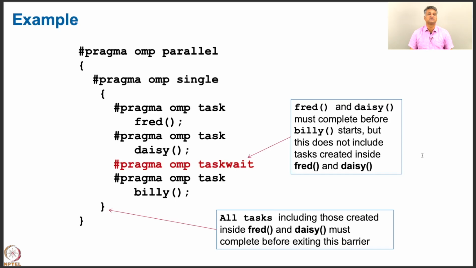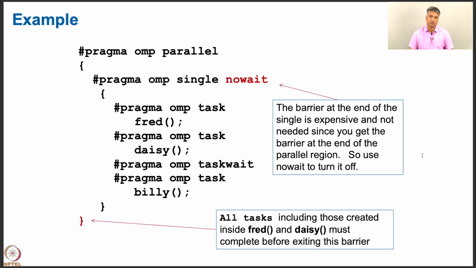If there are tasks created inside the functions Fred and Daisy, those are not included, but Fred and Daisy must complete before Billy starts. The implicit barrier at the end of the single construct essentially means that all tasks, including the subtasks created inside the functions Fred and Daisy, must be complete before exiting that barrier.